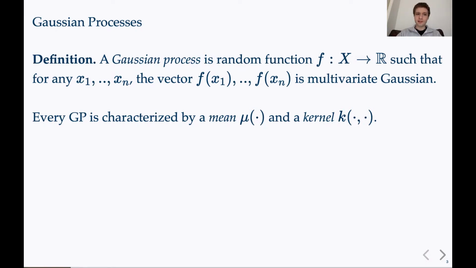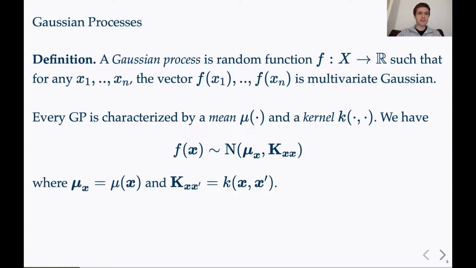If we evaluate the Gaussian process at a set of points, we obtain a multivariate Gaussian with covariance matrix induced by the kernel. To train a Gaussian process, we employ Bayesian learning, computing the conditional probability distribution of the function f conditioned on its value at the training locations. This is typically done using numerical methods.